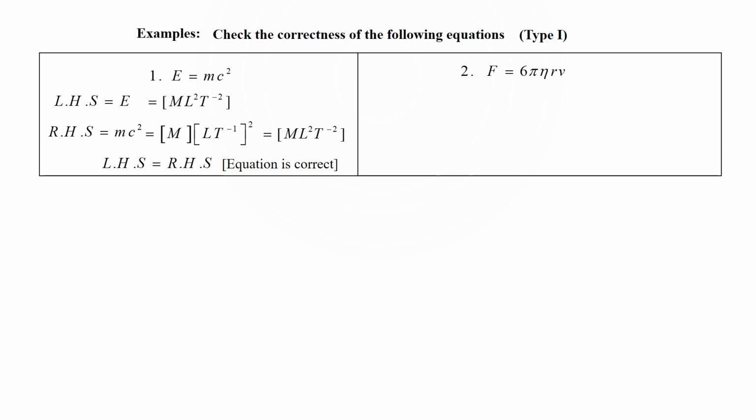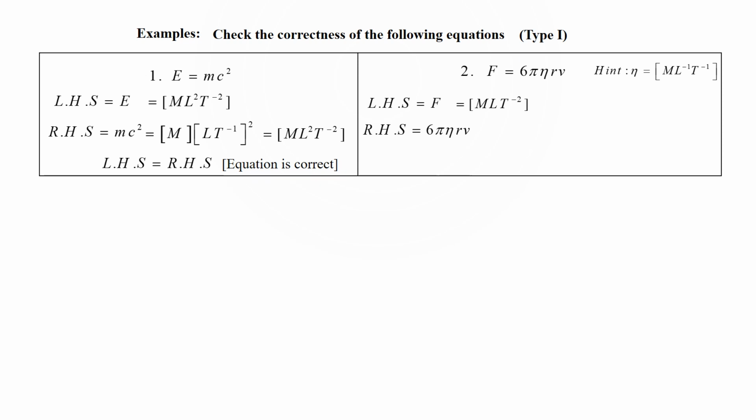F equal to 6 pi eta rv, where eta is called the coefficient of viscosity, and its dimensions are ML^-1 T^-1. Let's start with LHS, which is force, having dimensions MLT^-2. RHS is 6 pi eta rv.